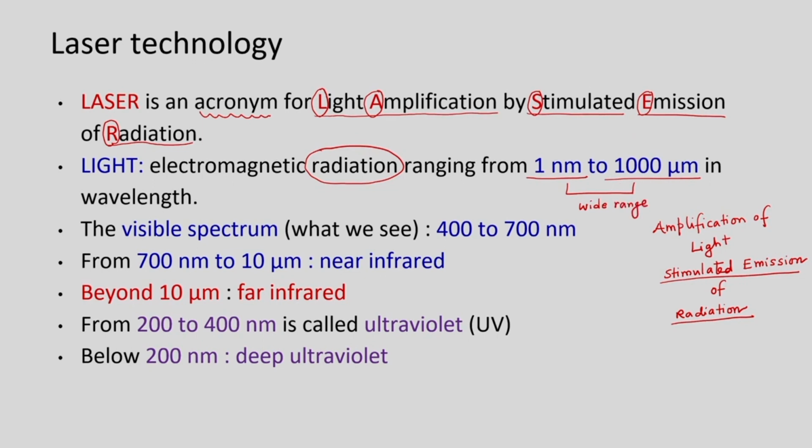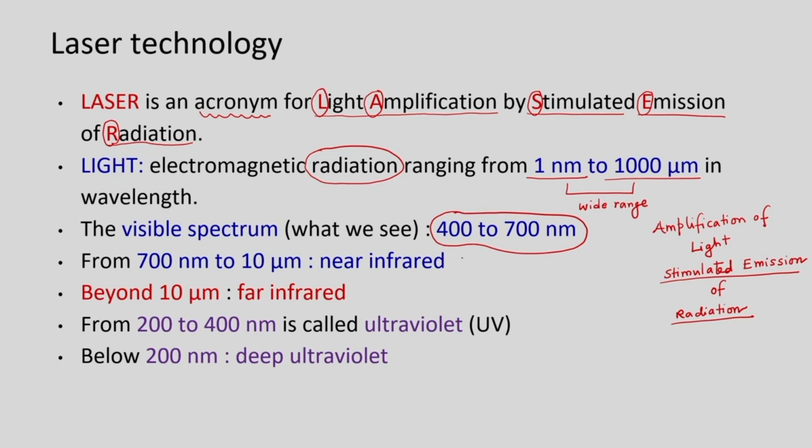So, if you want to look at the classification of light, the visible spectrum of the light is possible when the wavelength is from 400 to 700 nanometer.